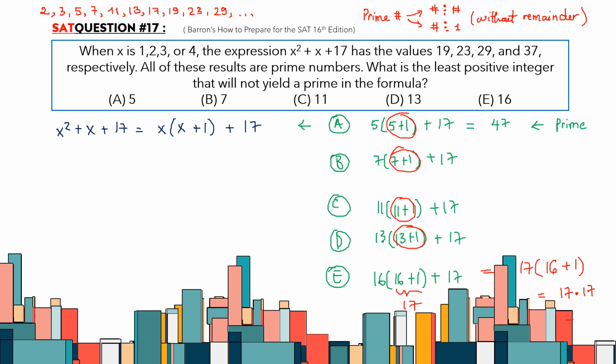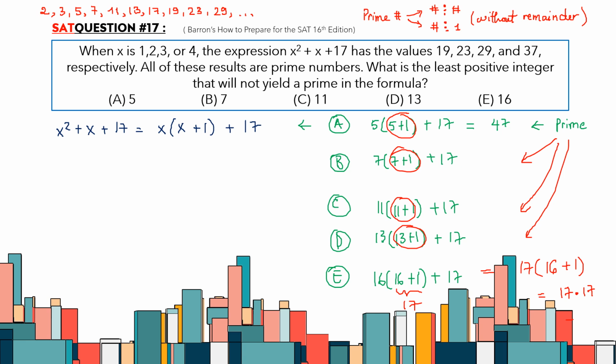So A, B, C, and D will form a prime, because the sum will form a number that can only be divided by itself and 1 with no remainder.